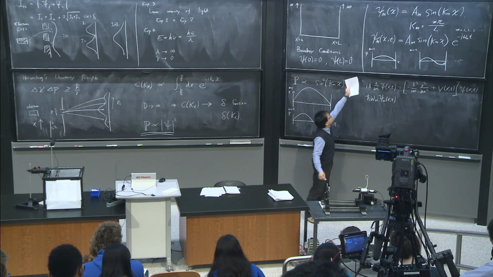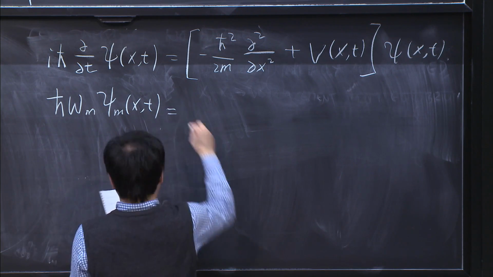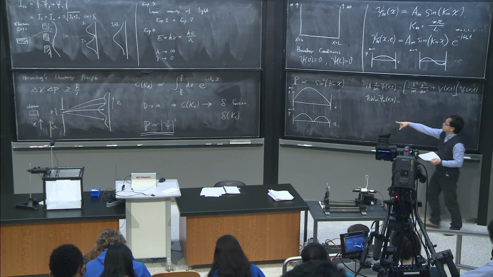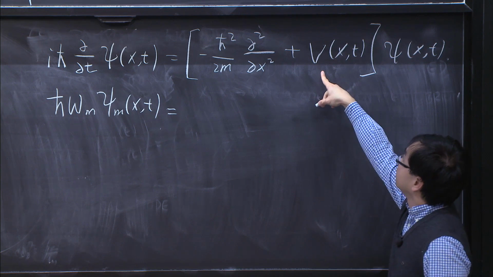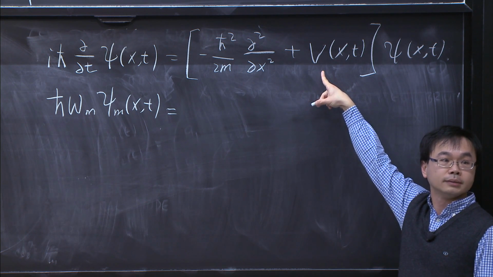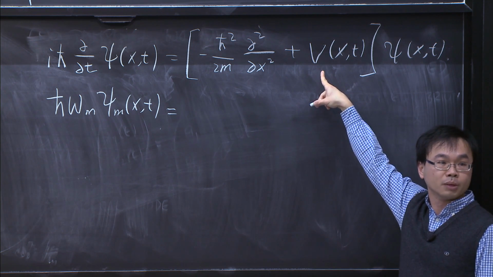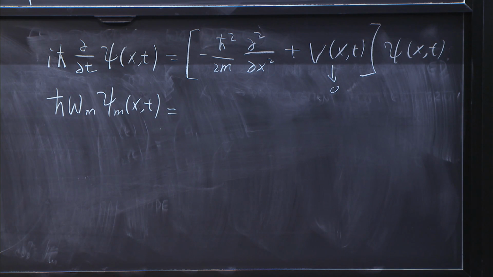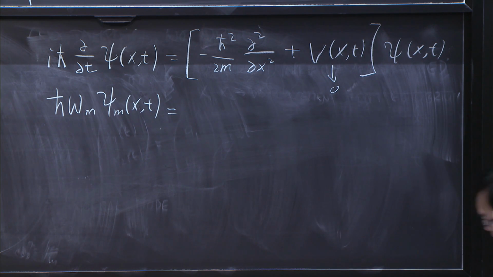This will be equal to, I also know that in the middle of the box, V, the potential, is 0 inside the box. The potential is infinity at the edge of the box. Therefore I can safely ignore this term and set it equal to 0. So you have a free particle inside the box.